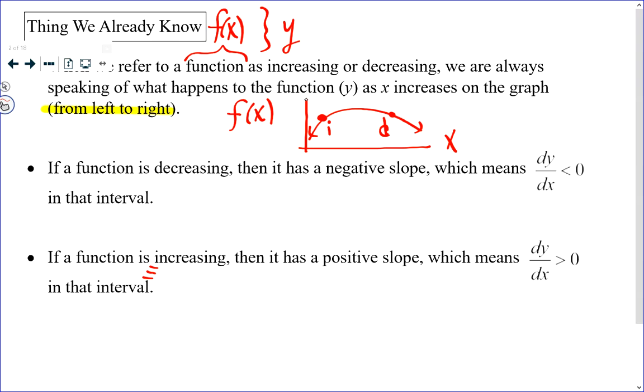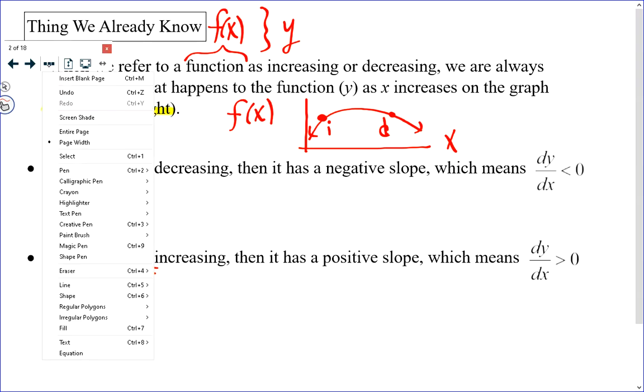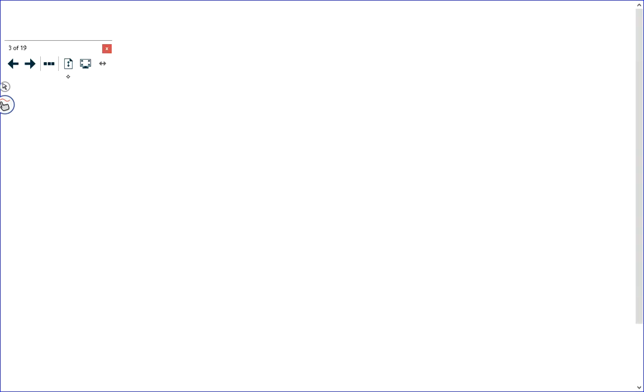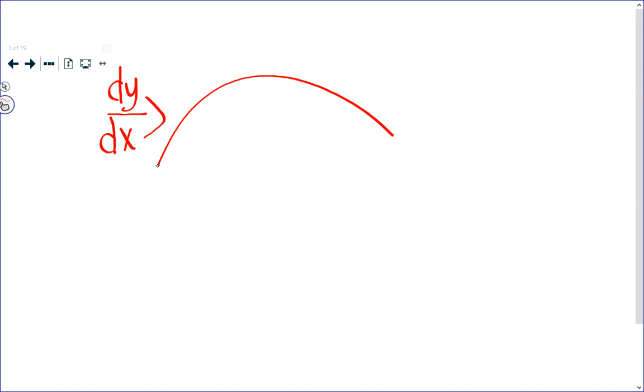So, bottom line, and I'll just do this here so I don't crowd things out. If you had a graph that looks like this, then you're talking about a region over here where dy/dx is greater than 0.